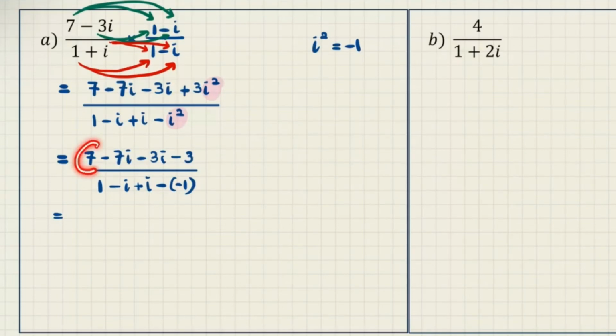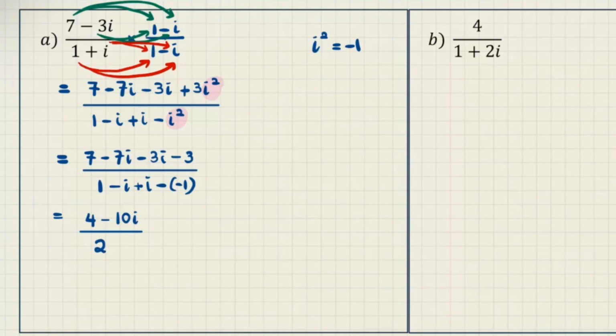Simplify, kita ada 7 tolak 3 dapat 4. And then negative 7 minus 3i dapat negative 10i. And now, the denominator, 1 negatif will be positif kan? So 1 tambah 1 dapat 2.